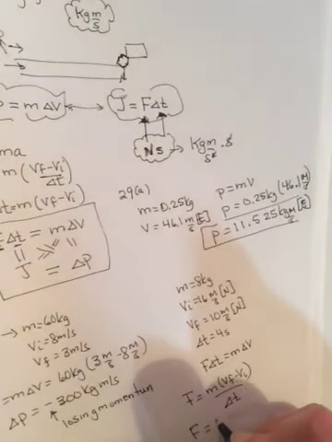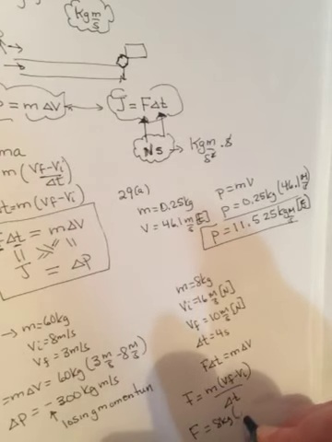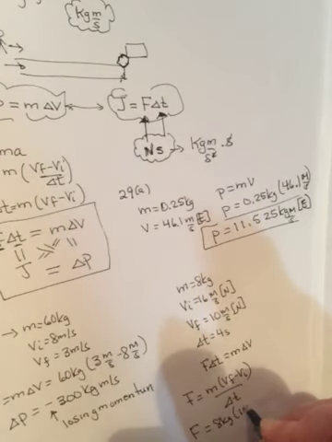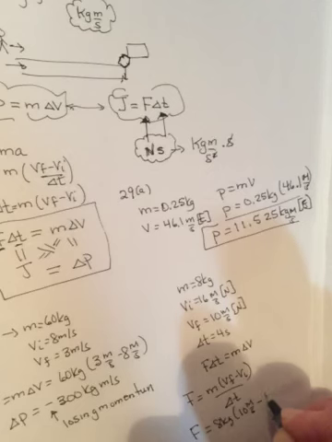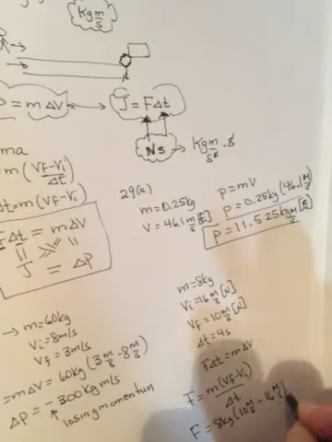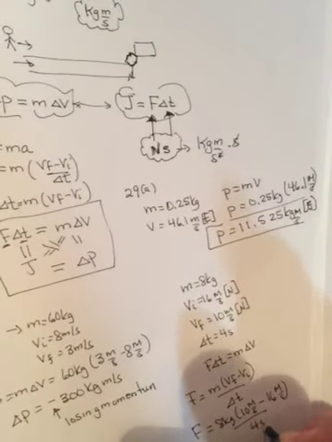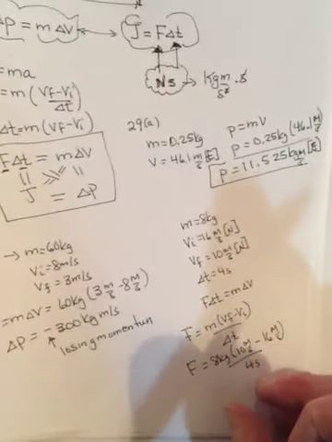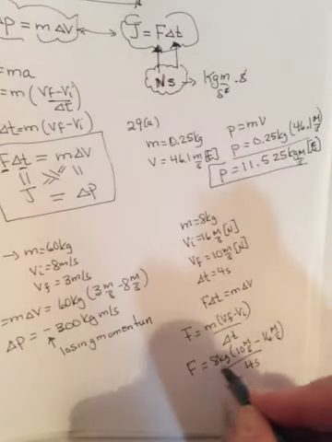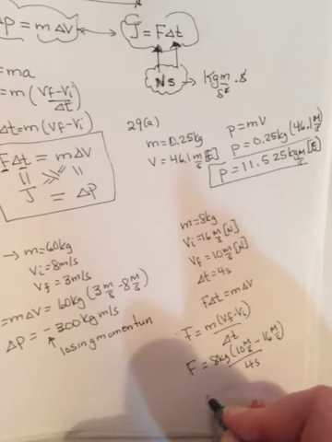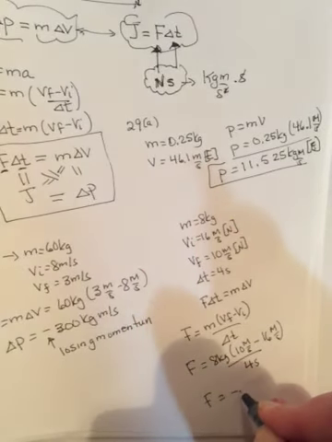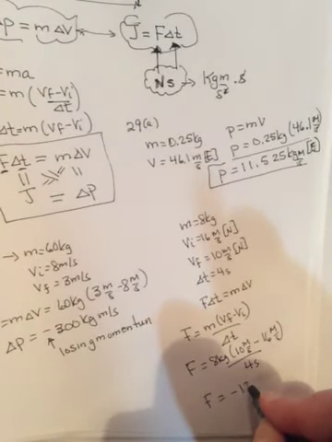So F is equal to 8 kilograms times final is 10 meters per second, initial is 16 meters per second, and the time is 4 seconds. 10 minus 16 is negative 6. 4 goes into 8, 2, so this should be negative 12 newtons.